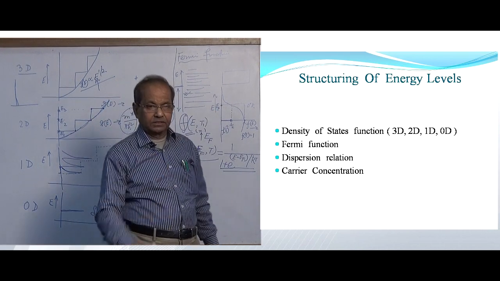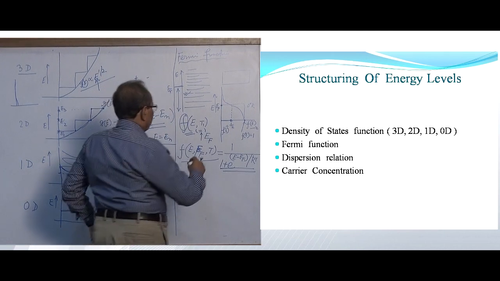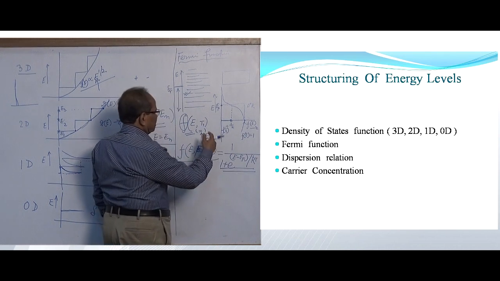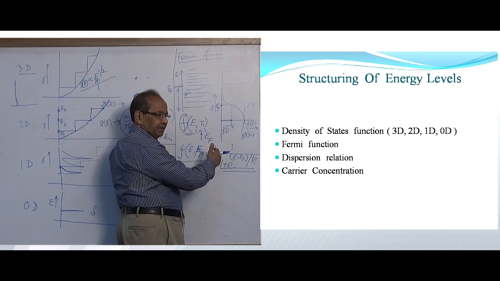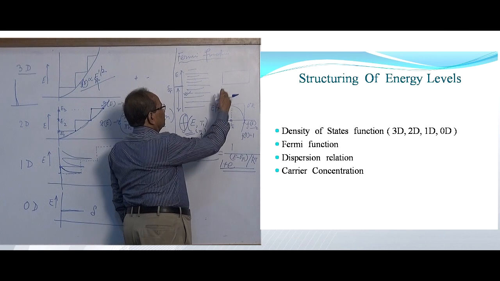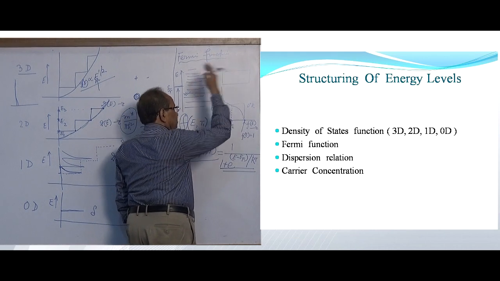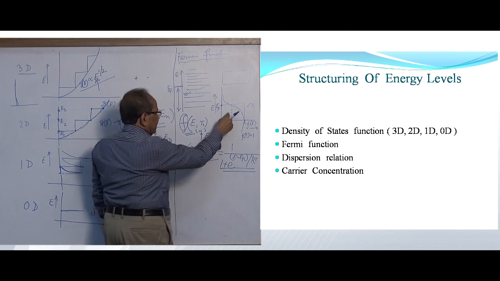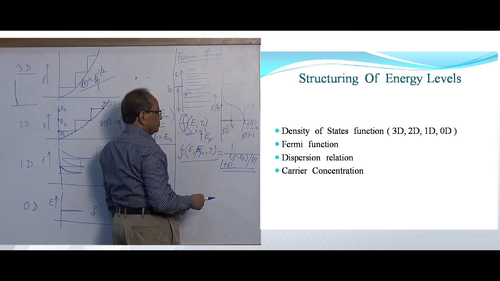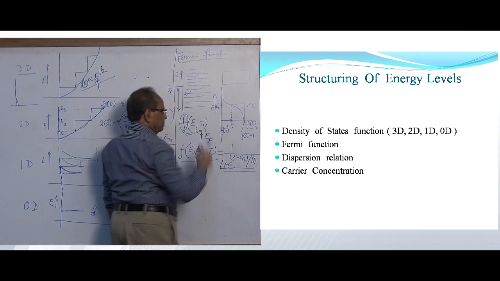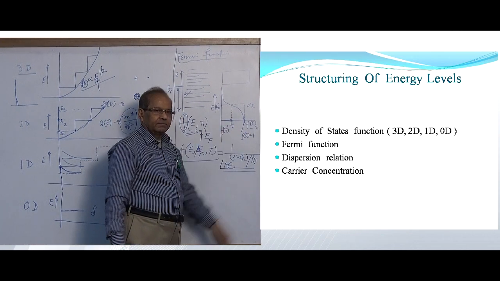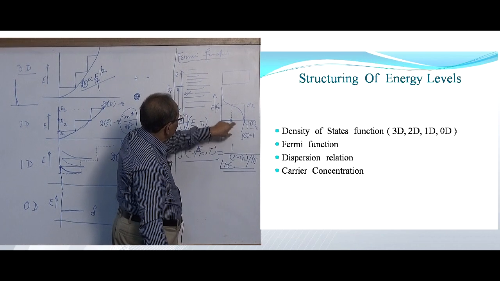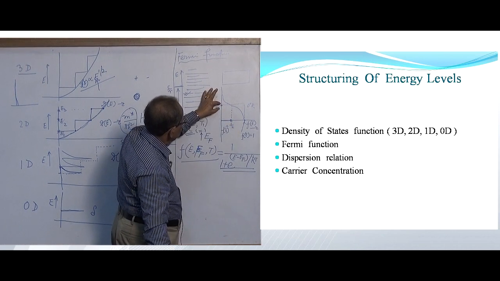If I ask what is the occupation probability for, say, copper, germanium, silicon, anything at a finite temperature, at the Fermi level EF, it is 50%. So there is a 50% chance that the electron will occupy the energy level value EF.